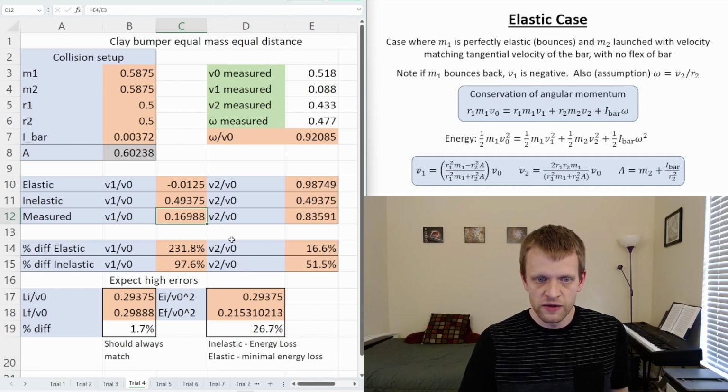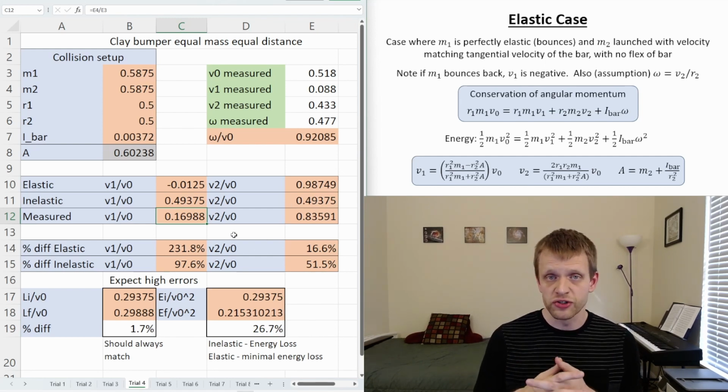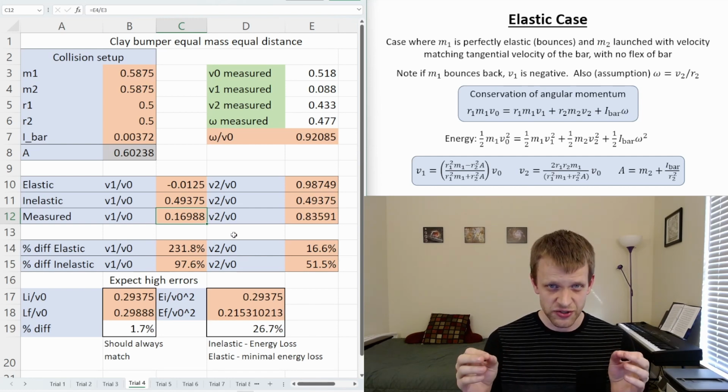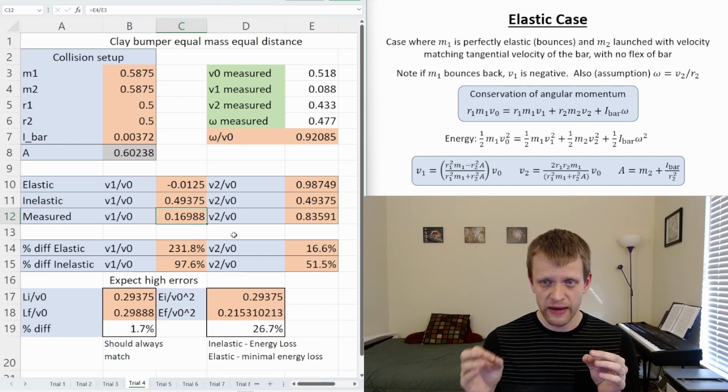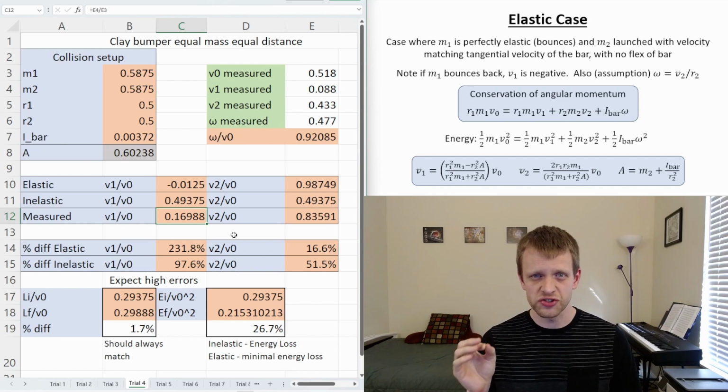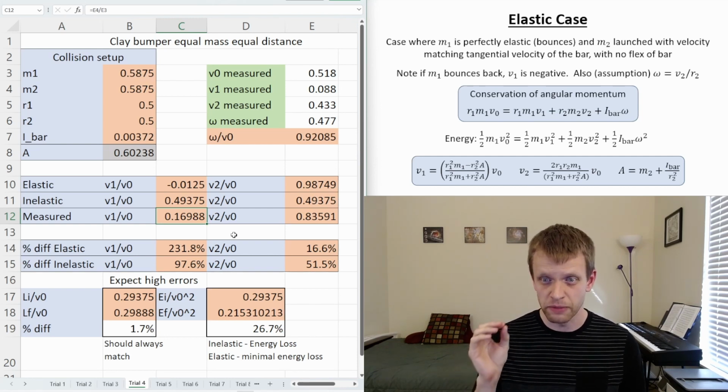Okay. So this data looks pretty good so far, but again, this was in the equal mass, equal distance case. And with just this case, we might actually start to see a signal that might look promising but is actually false.